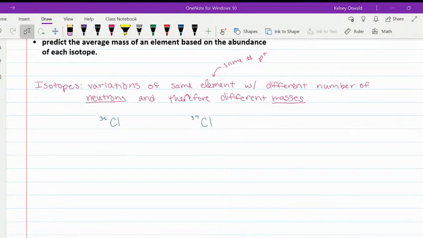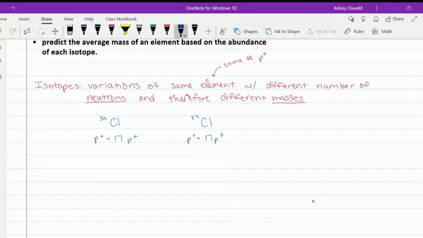If we look at Cl35, since it's chlorine, we can look at the periodic table and see that our atomic number for chlorine is 17, which means that we will have 17 protons. That's going to be the same for each isotope because we have the same element. We're going to have the same number of protons because we're looking at the same element.